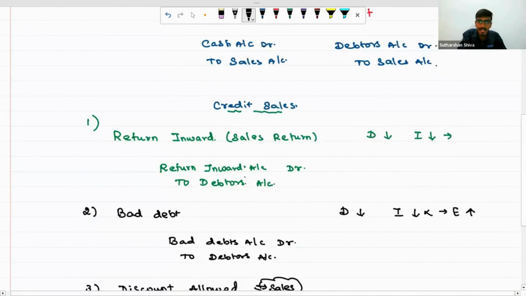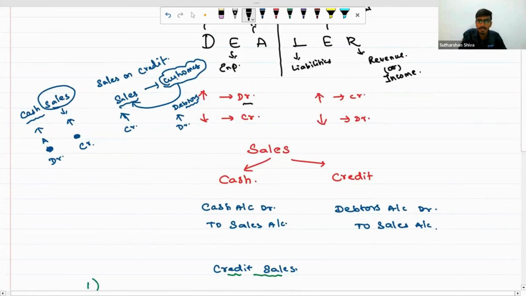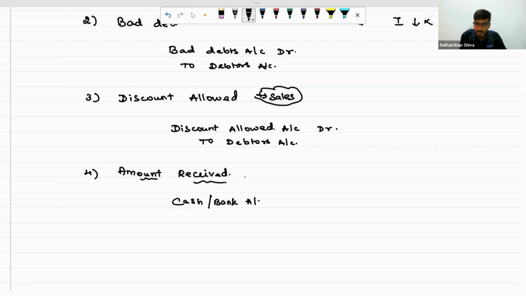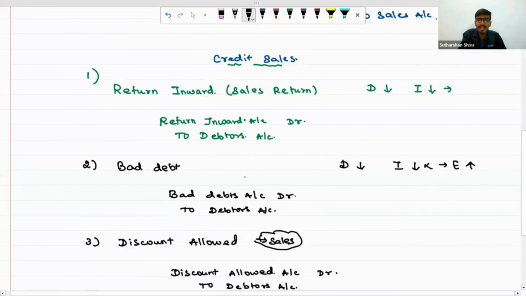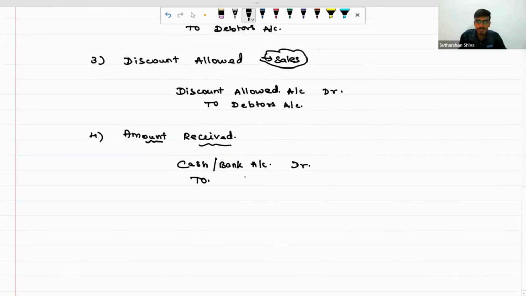If it increases, as far as the modern approach is concerned, I can do the debit. So amount received is cash or bank account debit. Now my debtors are repaid. I have debited here, and now my debit balance is slowly, steadily decreasing. So what I will do? To debtors account.